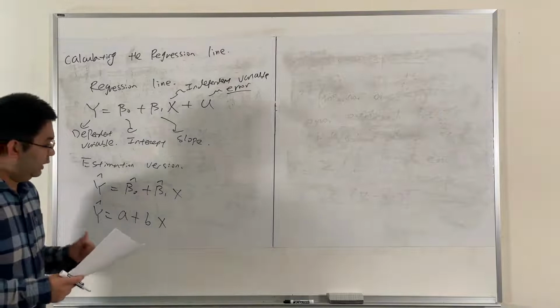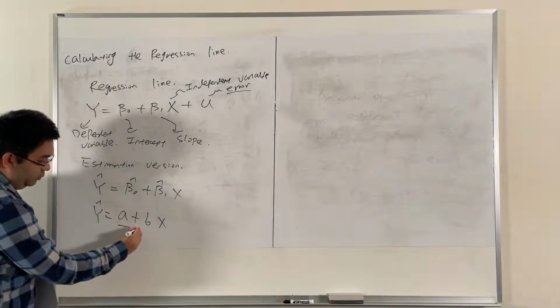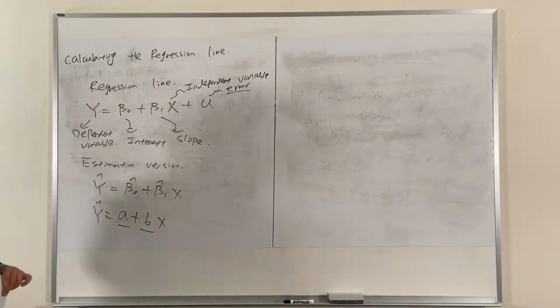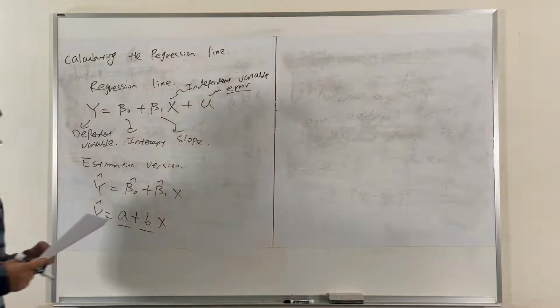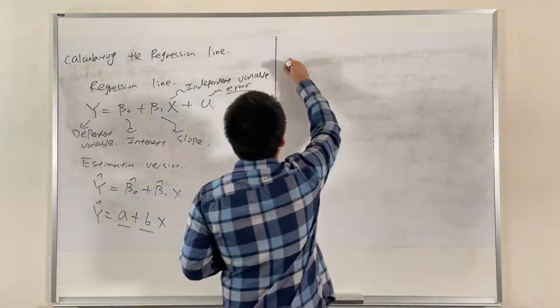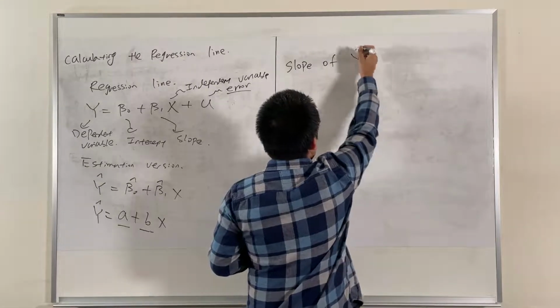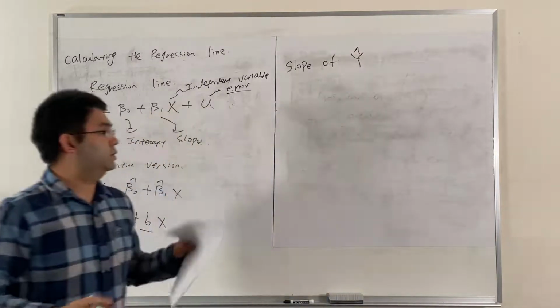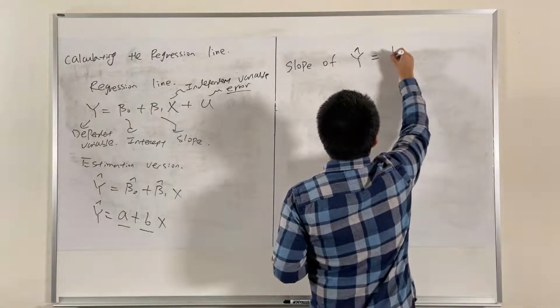Okay. Now, to calculate this line, we need to find a and we need to find b. The way we do it is we first find b and then we find a. So the slope of, say, y hat, right, our prediction line or regression line, also equals the value b.